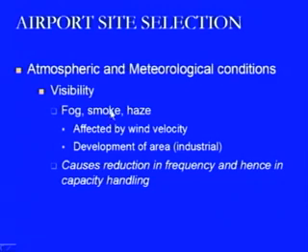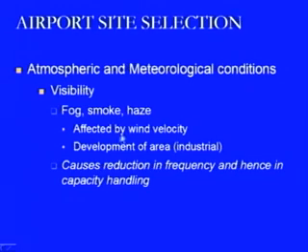Those are the two factors which cause smoke on the airport. And if that is the condition, then the visibility reduces and the airport capacity will be reduced, because it cannot handle many aircraft at one point of time.